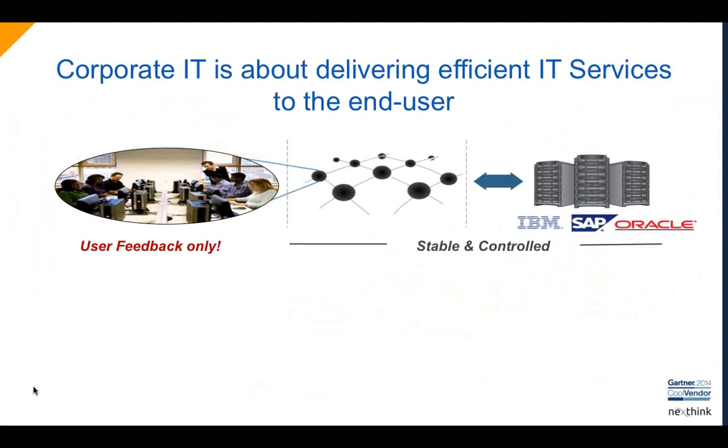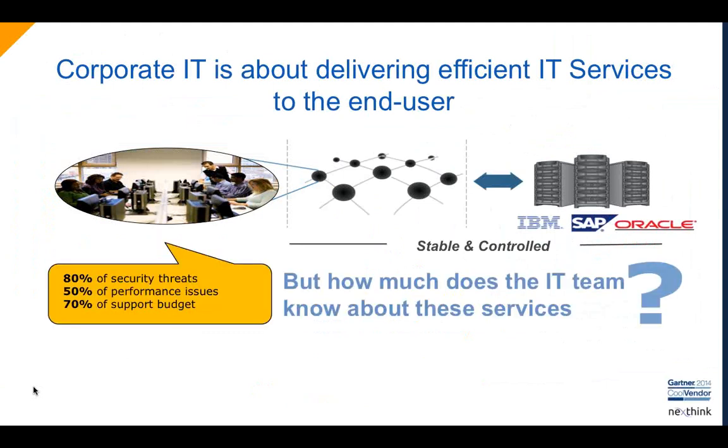We never know about the changes or problems on the end user device unless the end user phones the help desk and tells them he is facing an issue. Even though 80% of security threats are caused by the end user, 50% of performance issues are caused by the end user, and 70% of support budgets go to the end user.